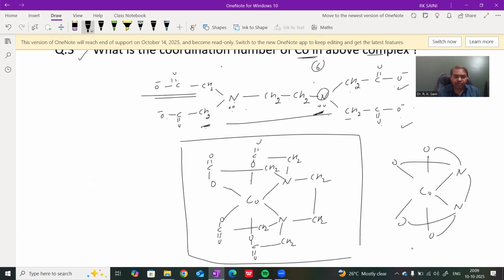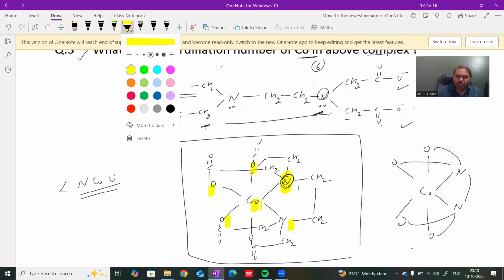Now we check the number for this question: the number of NCOO type bond angles. Suppose nitrogen 1: NCOO bond 1, NCOO bond 2. Please check carefully. NCOO bond 1, NCOO second bond, NCOO third, NCOO fourth. That is 4 bonds with respect to this nitrogen.